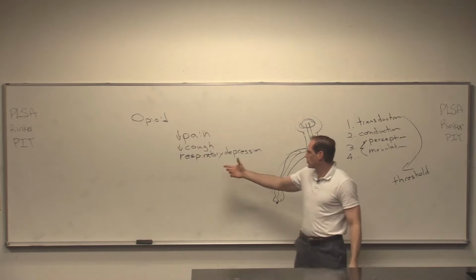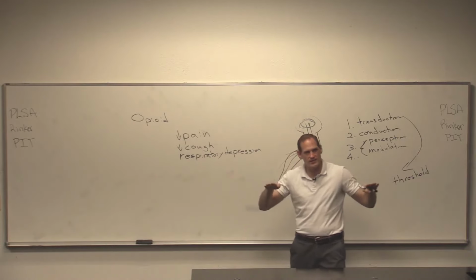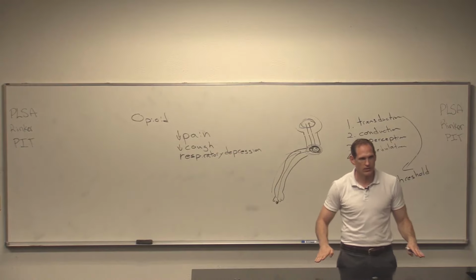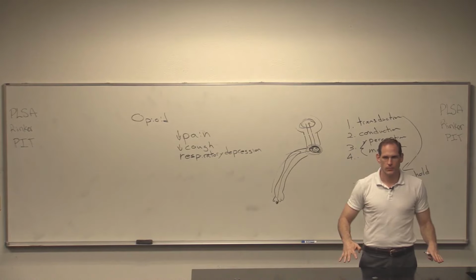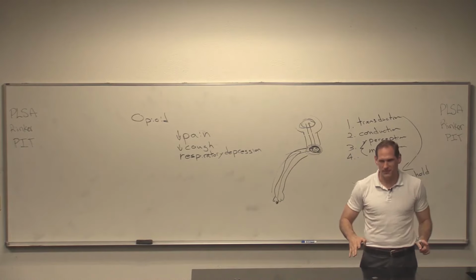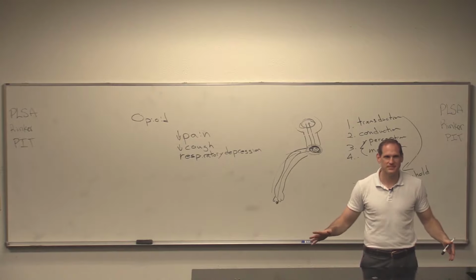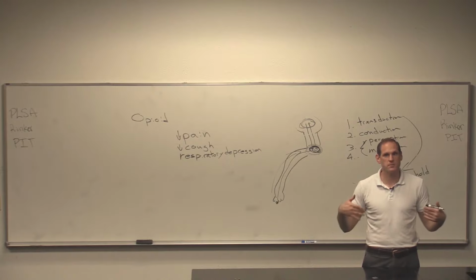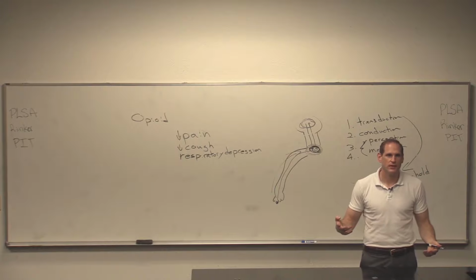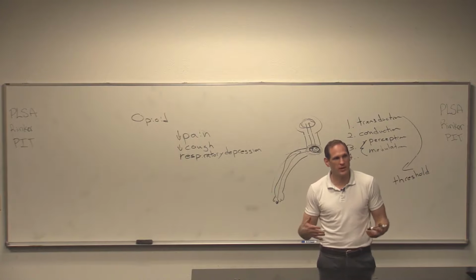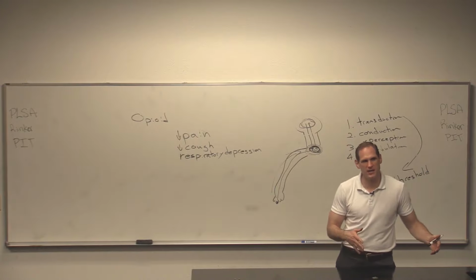So when we talk about respiratory depression, what exactly is getting pushed down? It's not the diaphragm. That happens all the time. We're talking about your respiratory drive. So how would a decreased respiratory drive be manifested?